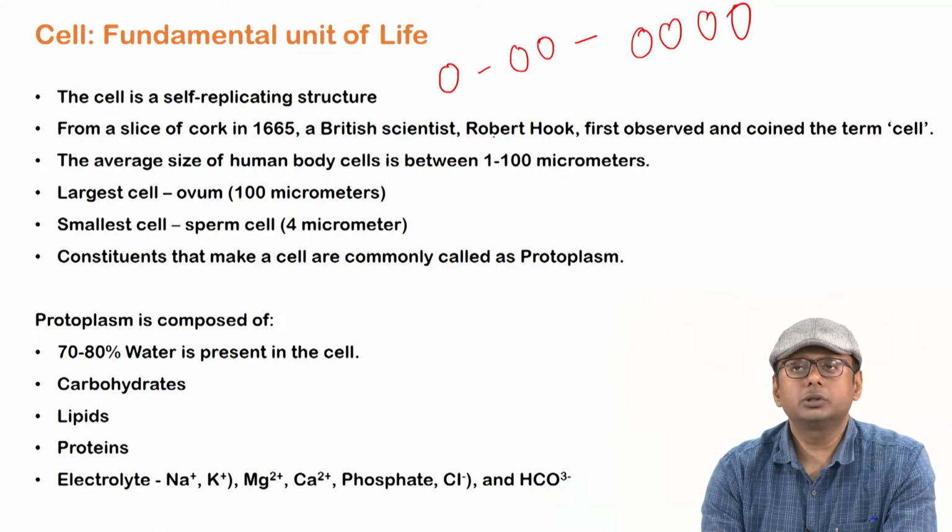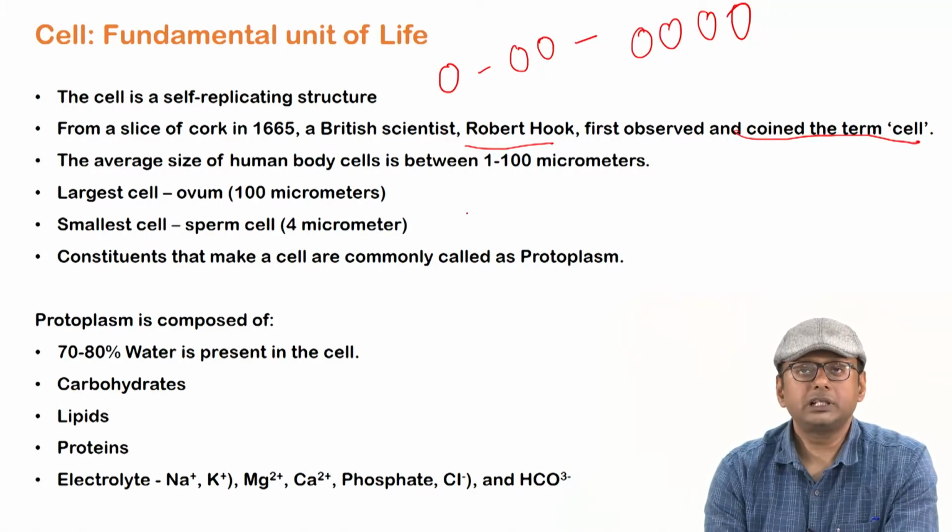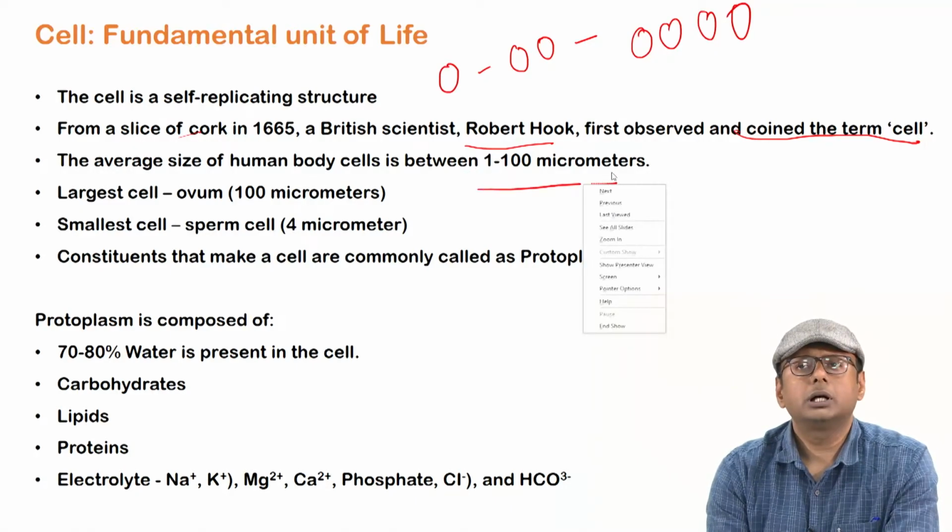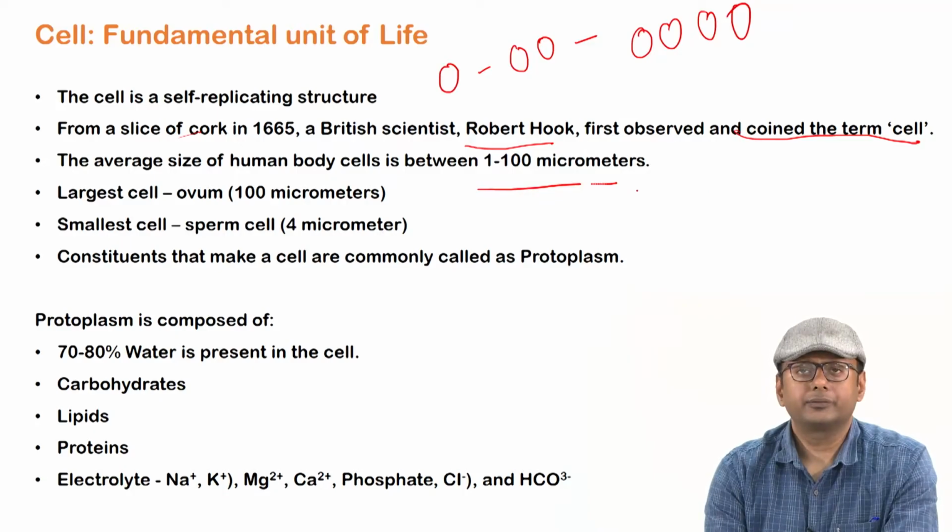Robert Hooke, who discovered the cell, first observed and coined the term cell around 1665 from a slice of cork. What is the average size of a human cell? If you think about it, it is almost 1 to 100 micrometers.